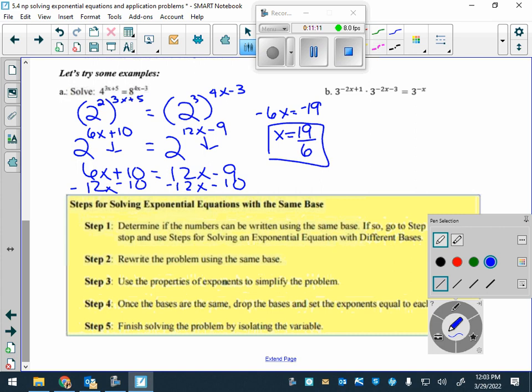That's all we're doing. Okay, now if you look at B, we have the same base all the way across. But what do we do with those two exponents on the left-hand side? Add them together. So since we have the same base, I could just drop these. All right, so now we combine like terms.